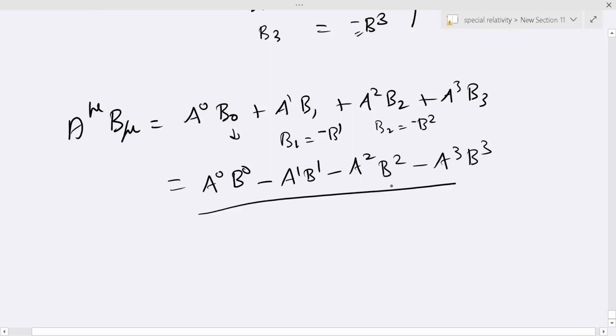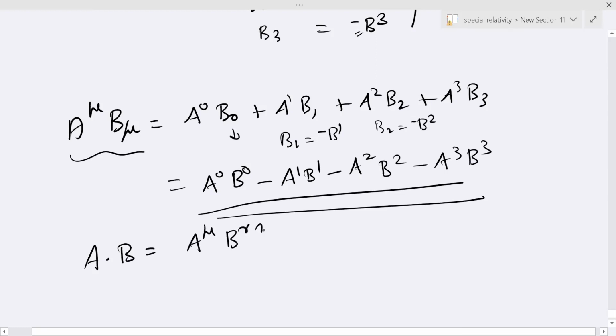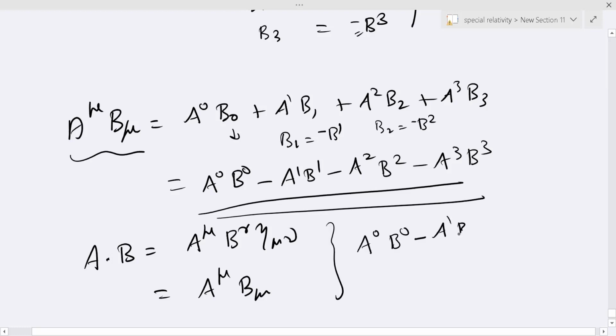And this is exactly the scalar product that we obtained earlier. So this is a compact notation for obtaining the scalar product. You can always write A dot B as A^μ B^ν η_μν. You can also write it as A^μ B_μ. Both will give you the same thing, A^0 B^0 minus A^1 B^1 minus A^2 B^2 minus A^3 B^3.